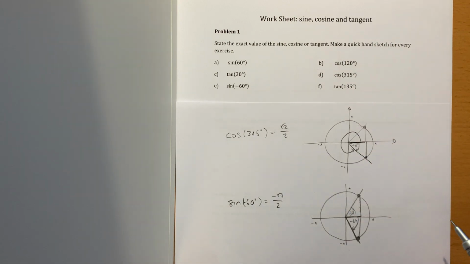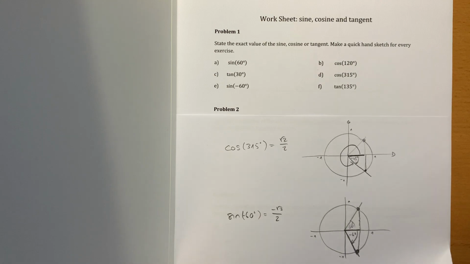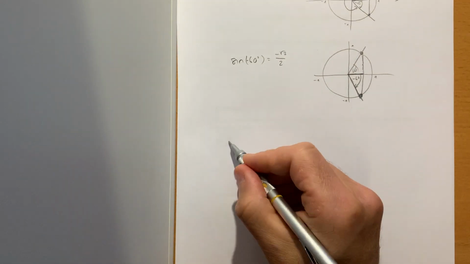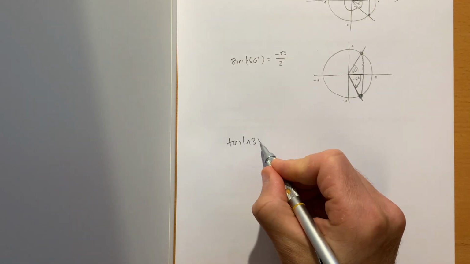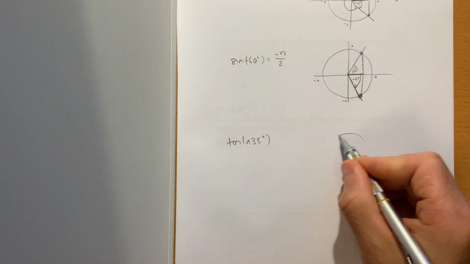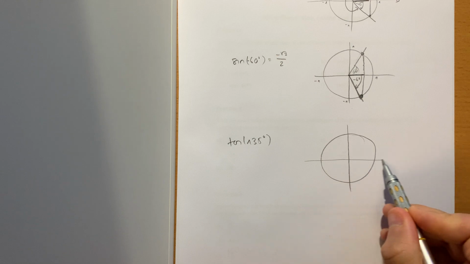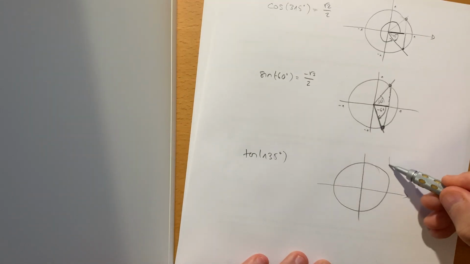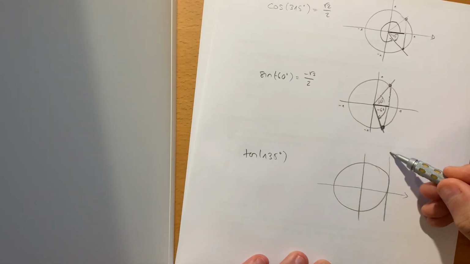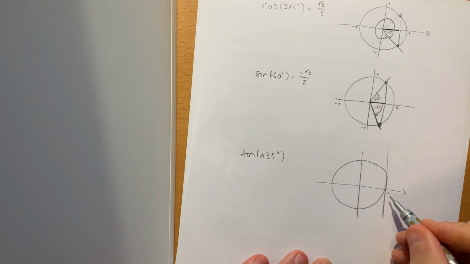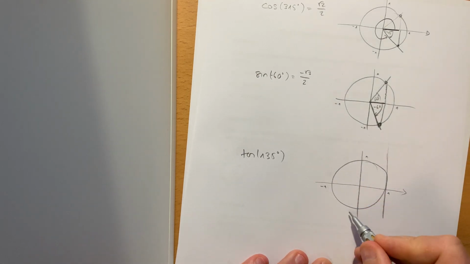Now, the last one, f, tangent of 135. So let's have a unit circle here. This is our tangent to the circle. This is 1, minus 1.